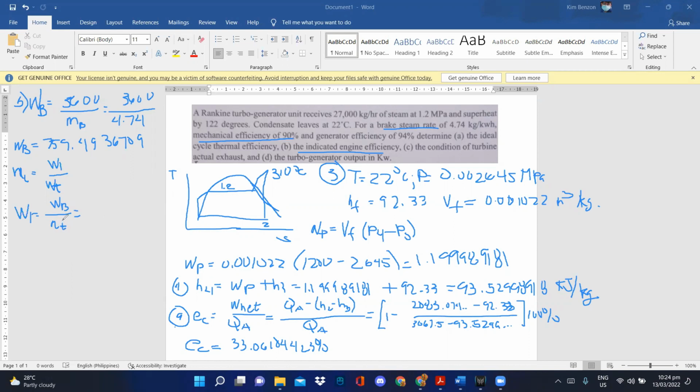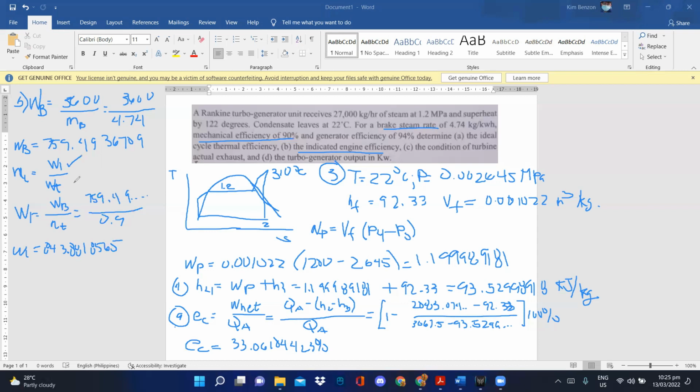So you have your mechanical efficiency. 759.49 so on divided by 0.9. So you have your indicated work, which is equivalent to 843.8881.8565. So, meron na tayong check.